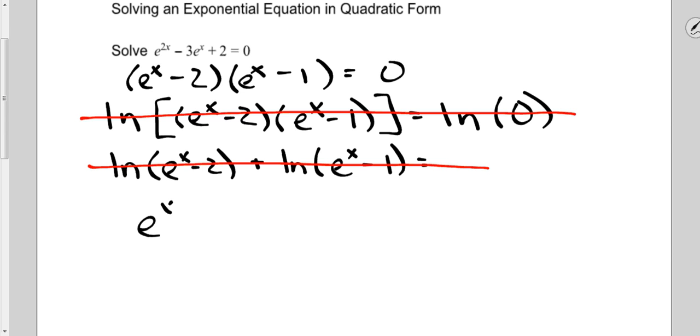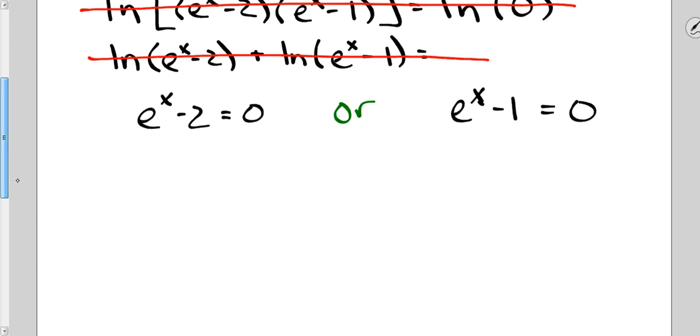We're going to do e to the x minus 2 equals 0, or e to the x minus 1 equals 0. Now what? Let's do this one first.